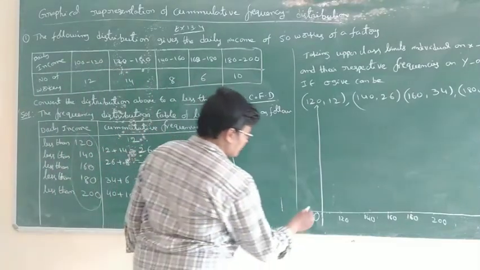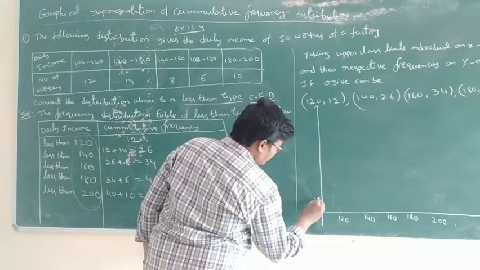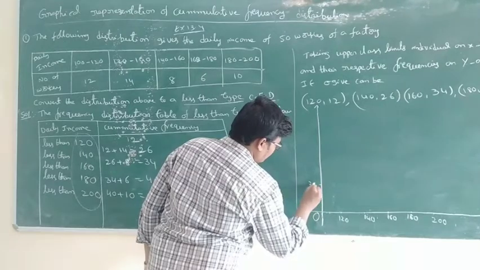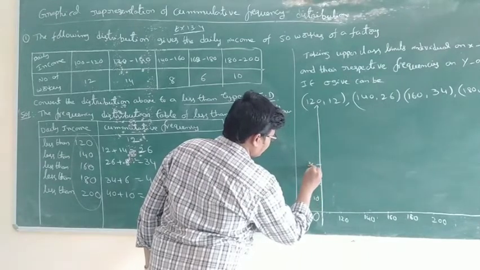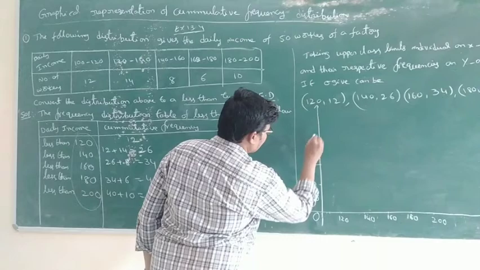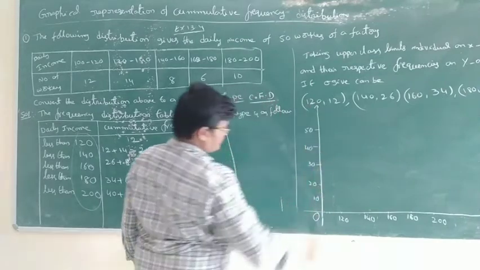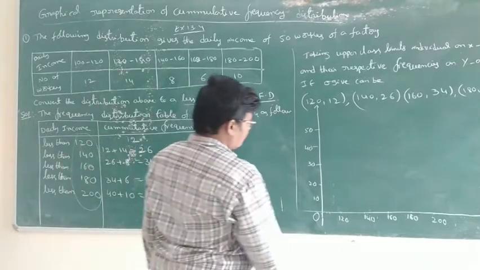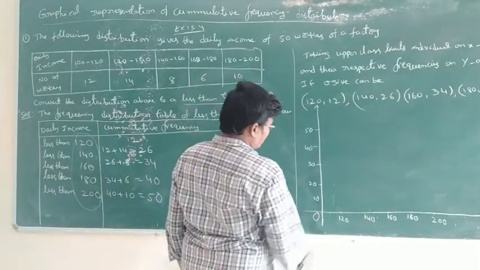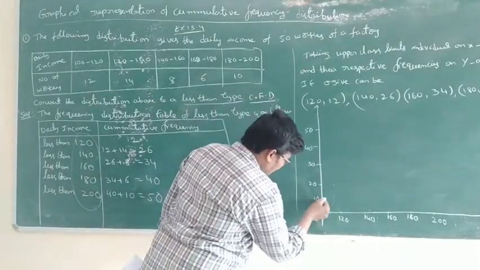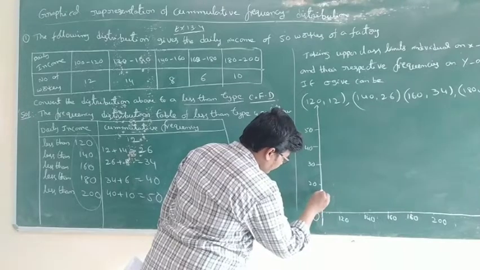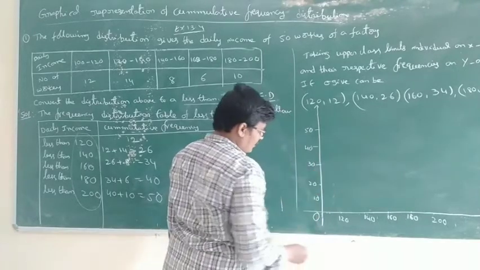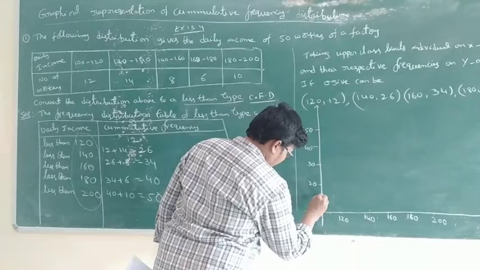So this is 0 to 10, 10 to 20, 30, 40, 50. The last one is 50. So 120 with 12, here 12 is a little above 10.